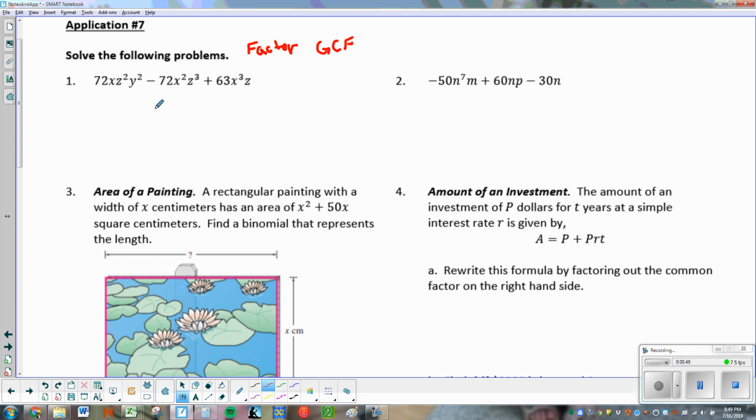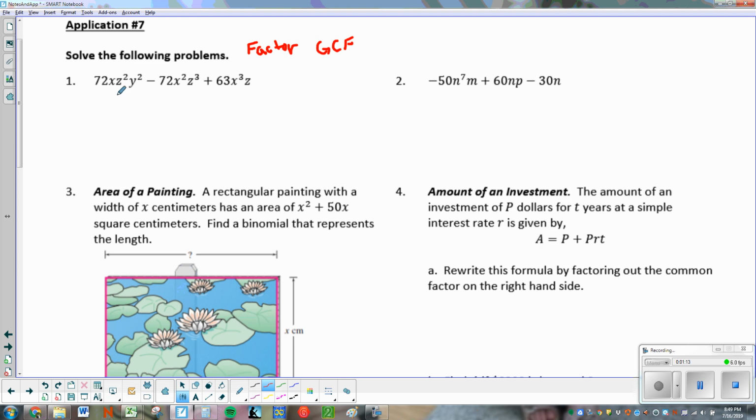So we're looking at what could be in these that we can then pull out in front. Anytime you have a bunch of variables like this, I'm not frequently going to ask you to take that many variables and do our binomial factoring, like our bottoms up method. I'm not going to ask you to do that.